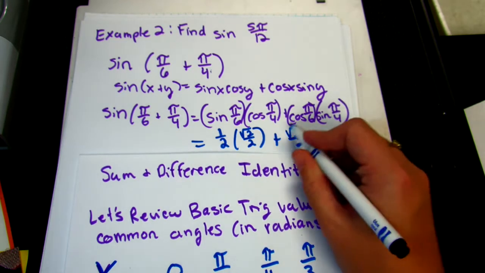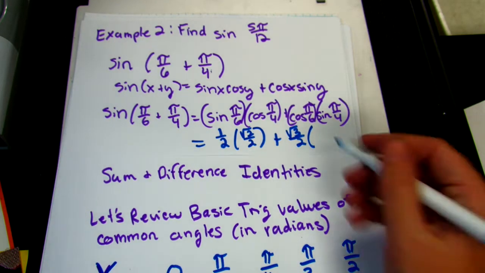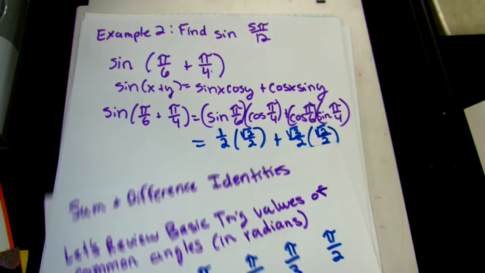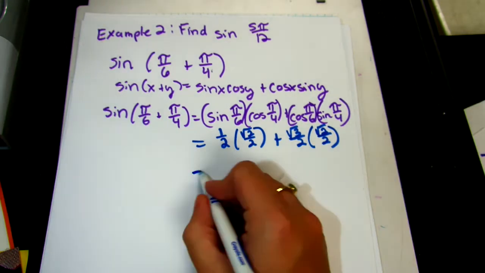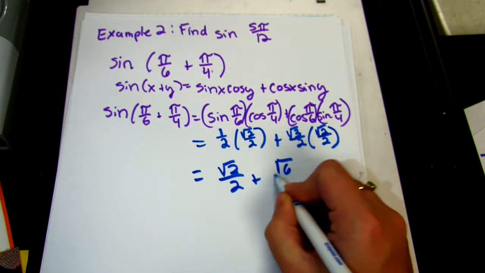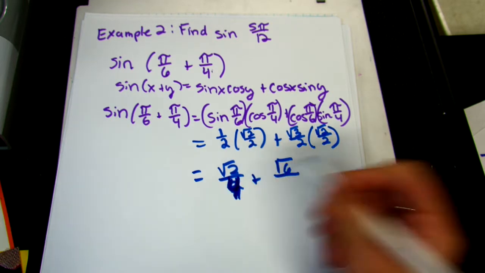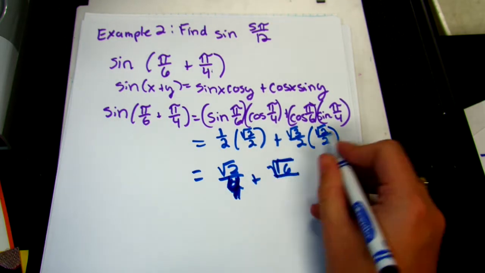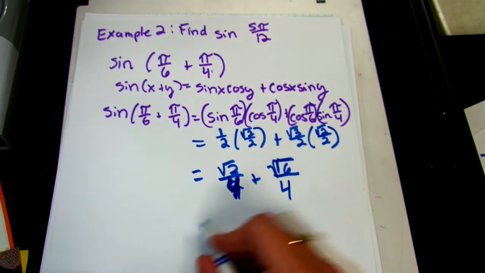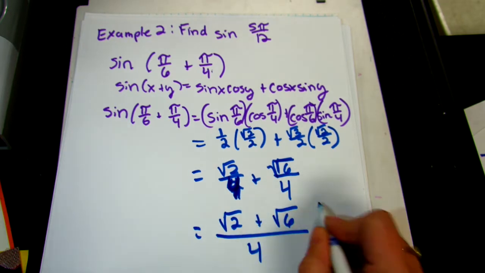And then the sine of pi over 4 is the square root of 2 over 2. All right, so simplify time, right? So this gets us square root of 2 over 4, 2 times 2 is 4, plus the square root of 6 over 4, which means that for our final answer we have square root of 2 plus the square root of 6 all over 4.